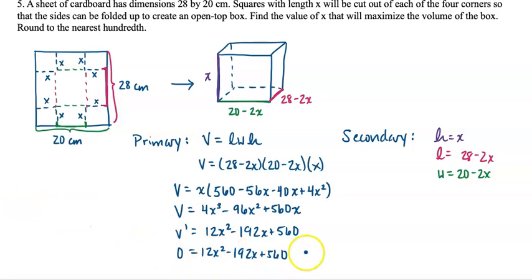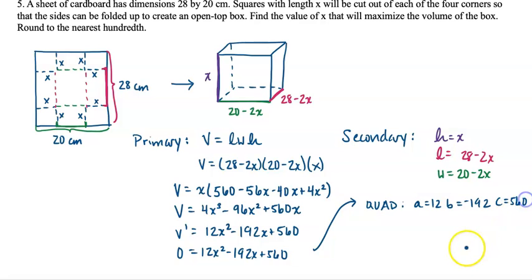So using the quadratic formula, we've got an a of 12, a b of negative 192, and a c of 560.